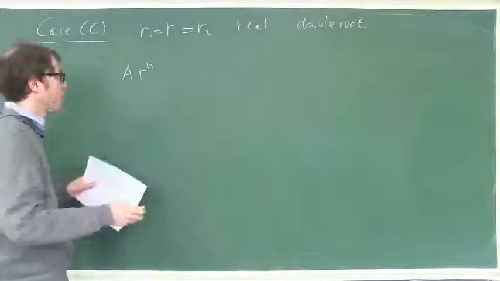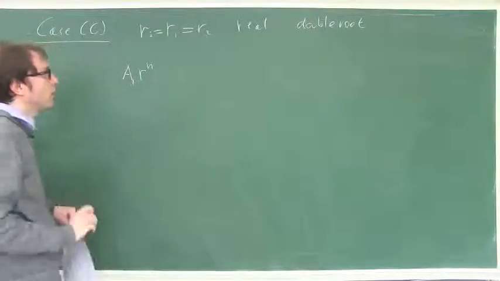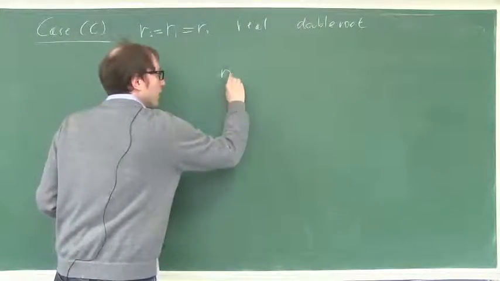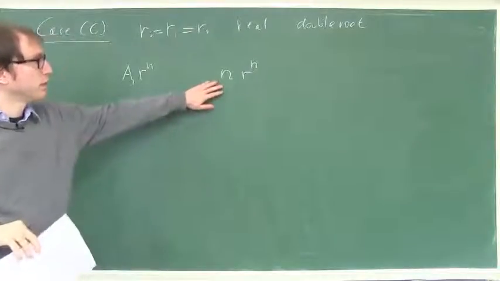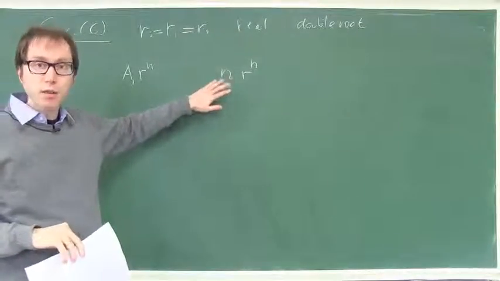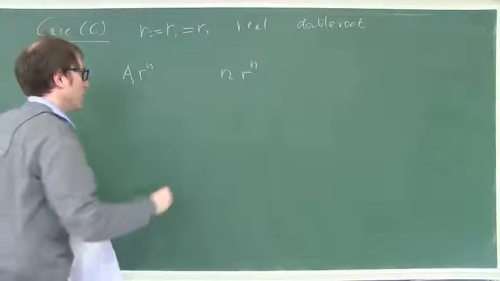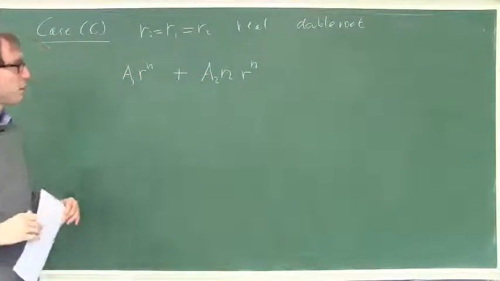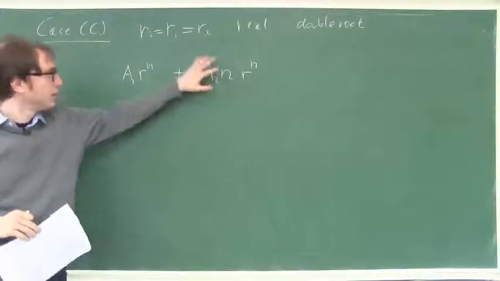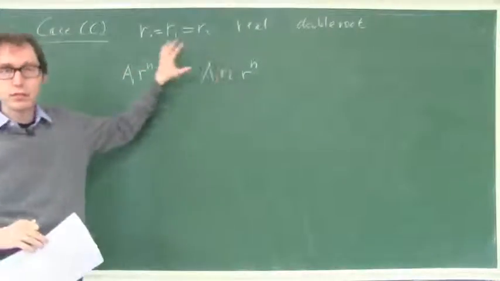And so how do you come up with a second one? Well, what you can check is if you look at n times r to the n, you will find out that this also satisfies the recurrence relation. And so A2 times n times r to the n does, and so this also solves the recurrence relation.